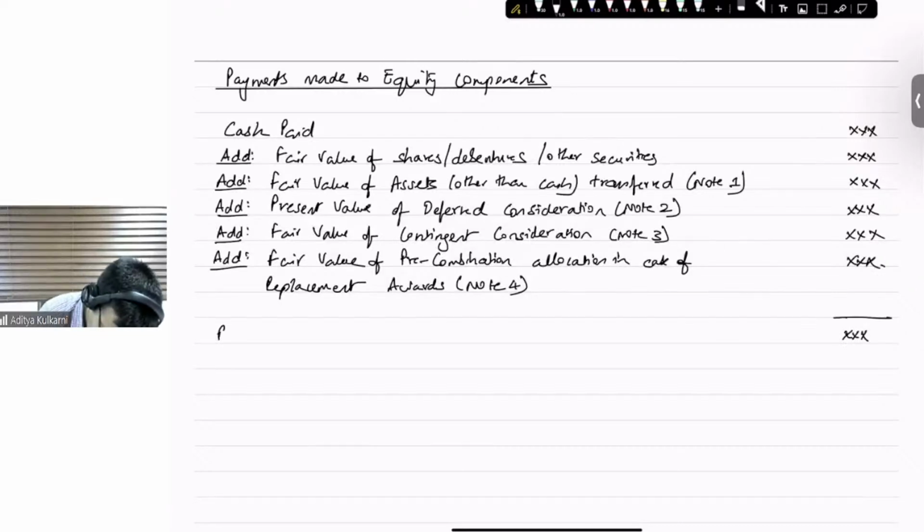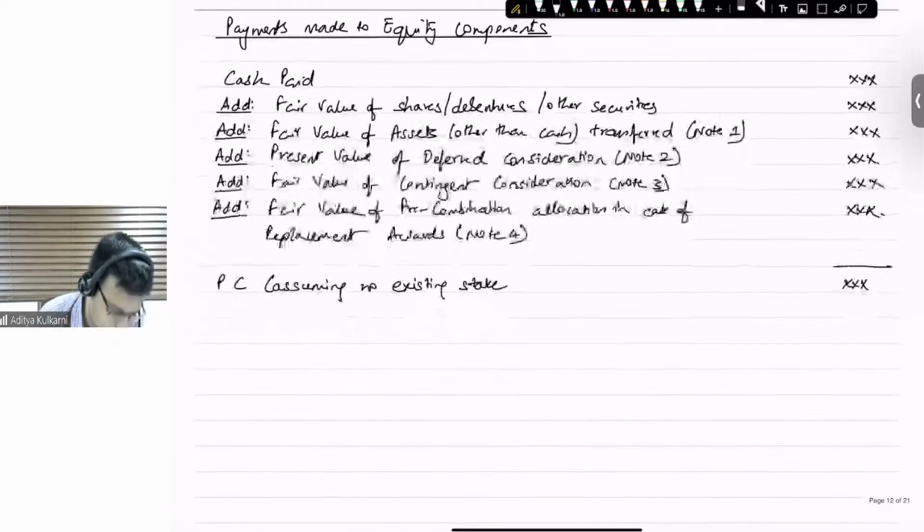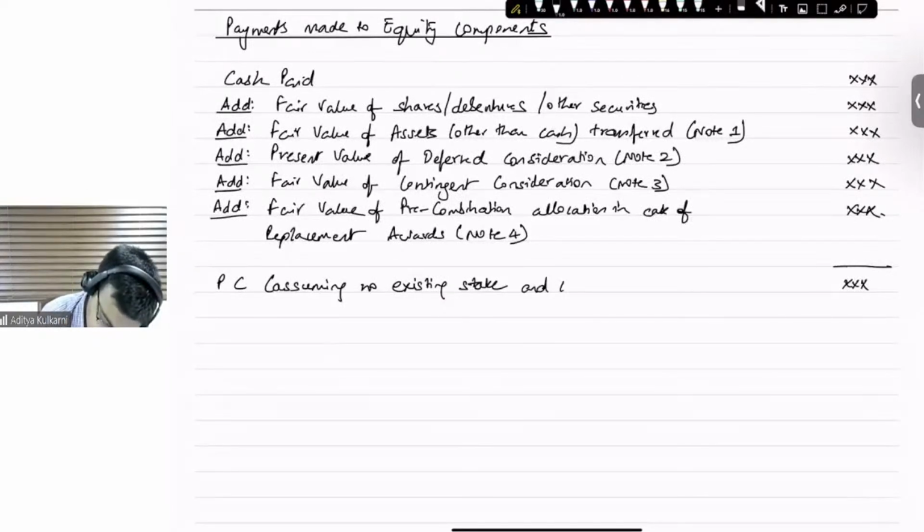This will be the purchase consideration, assuming no existing stake and 100% acquired in a single transaction.